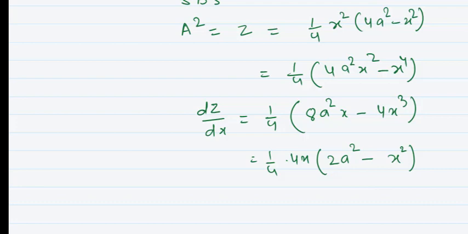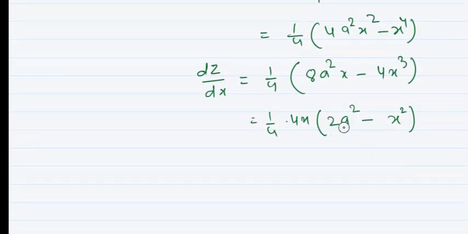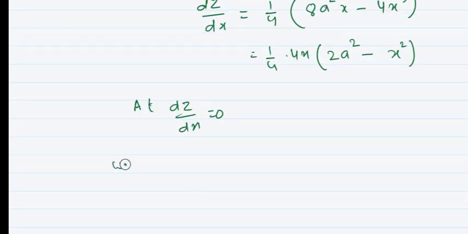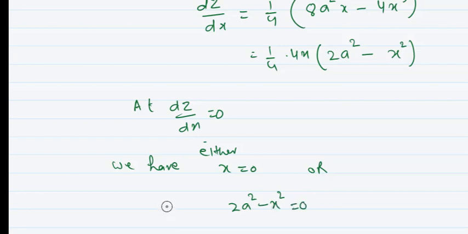Understood? So now you know very well, this is the first step. The second step is to find out x at dz upon dx is equal to 0. So at dz upon dx is equal to 0, we have either x is equal to 0 or 2a square minus x square is equal to 0.